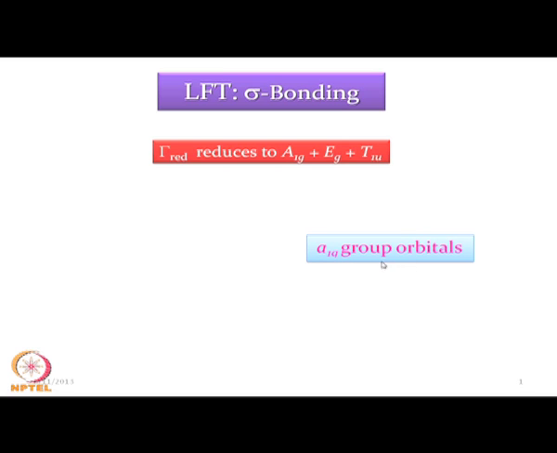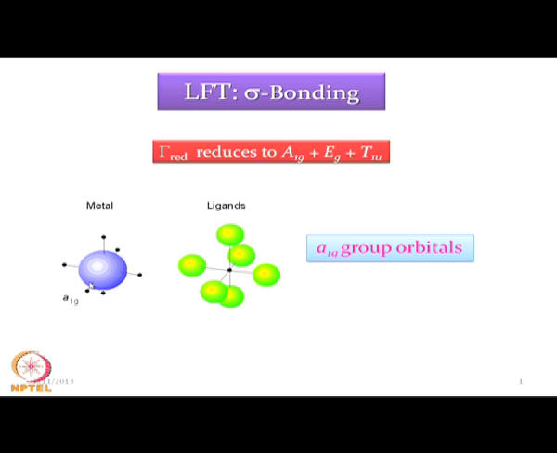The symmetry adapted linear combinations in A1g symmetry can give us the matching orbital on the metal side, which is A1g, a spherically symmetric one, the 3s or 4s orbital.